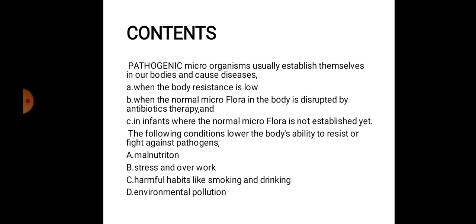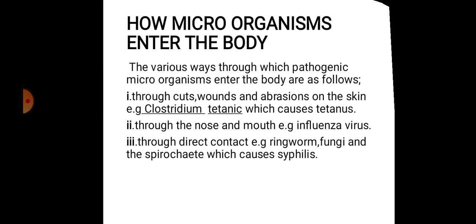Now let us look at how microorganisms enter our body. The various ways through which pathogenic microorganisms enter the body are as follows. I, through cuts, wounds, and abrasions on the skin. Example, Clostridium tetani, which causes tetanus.